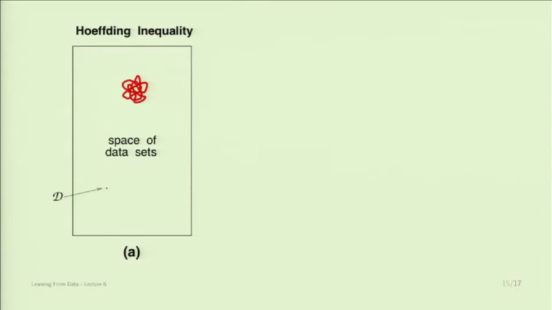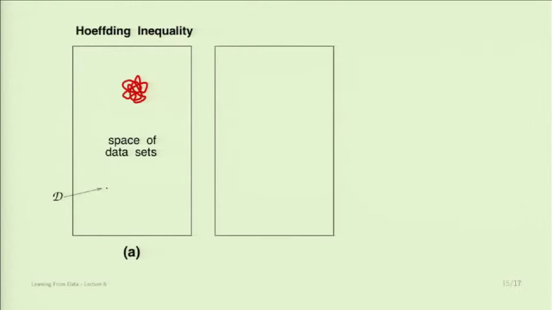Now, we went from one hypothesis to the case where we have multiple hypotheses using the union bound. So again, this is the space of data sets, exactly the same one. And now I am saying, for the first hypothesis, you get this bad region. What happens when you have a second hypothesis?